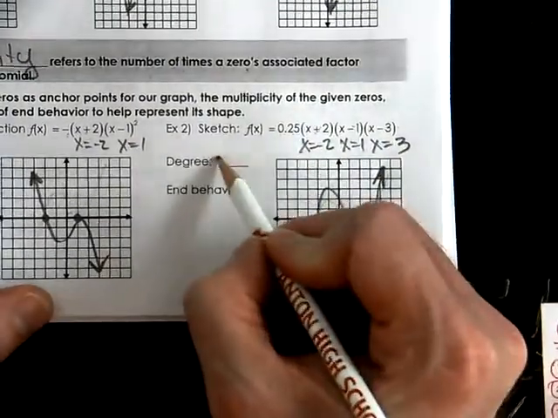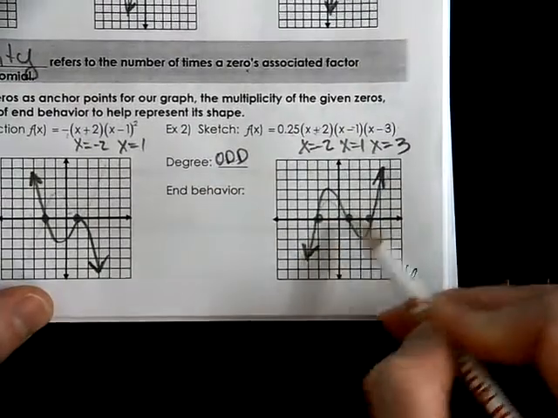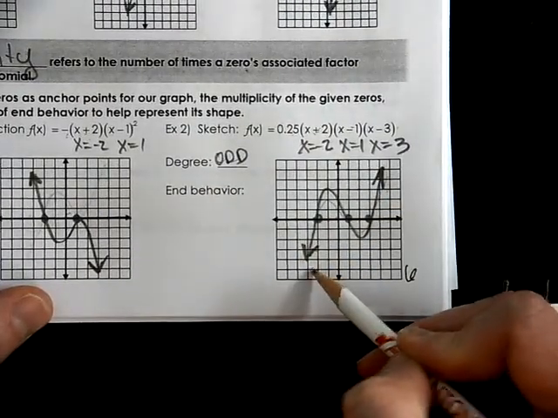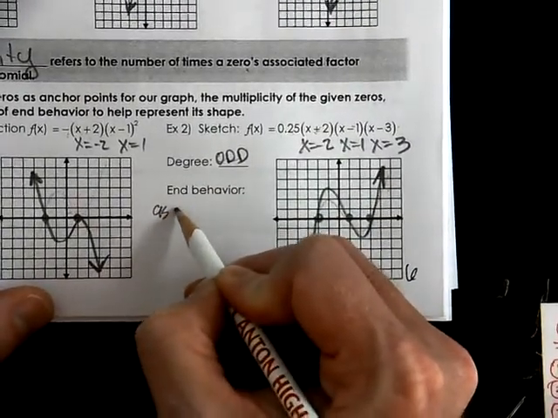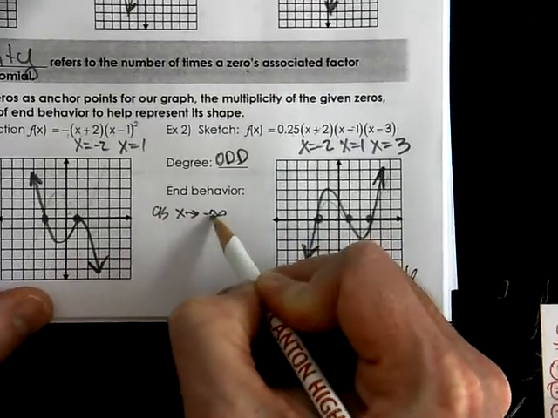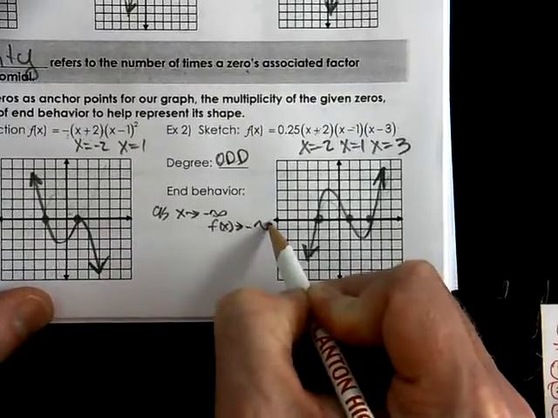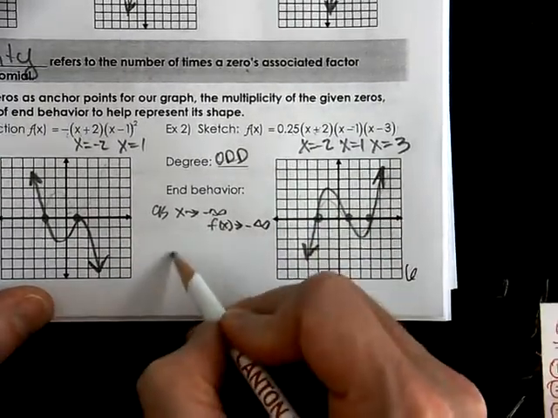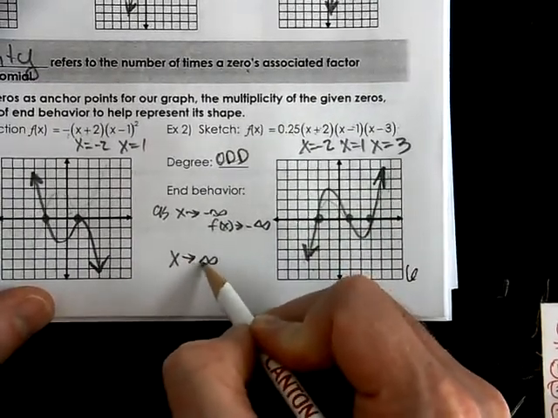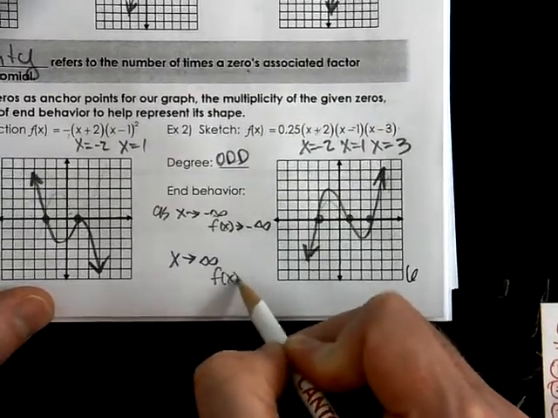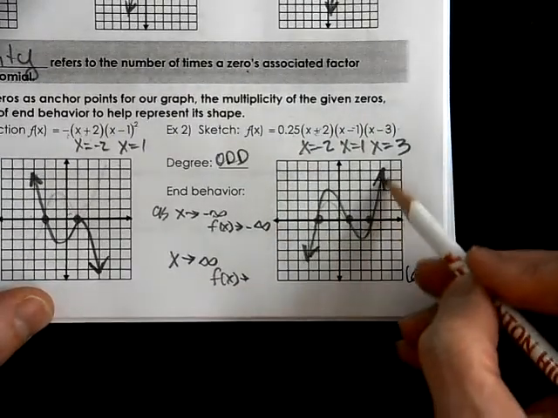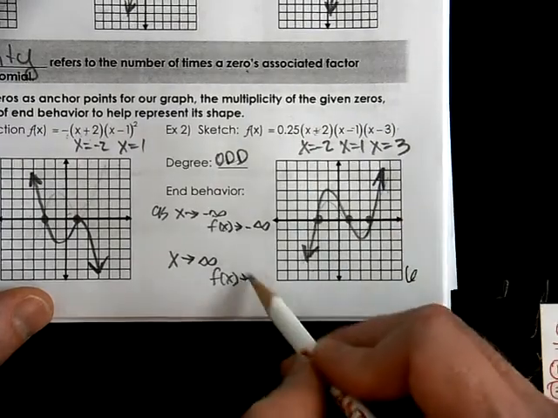This is still an odd degree, so the graph goes in opposite directions. As x approaches negative infinity, this function approaches negative infinity. And as x approaches positive infinity, this function, let's take a look, it's going up when we move to the right.